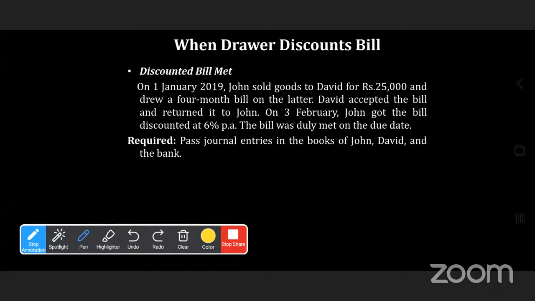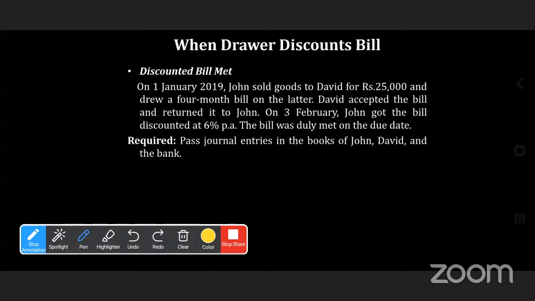The value of the goods is 25,000. David accepted the bill and returned it to John.